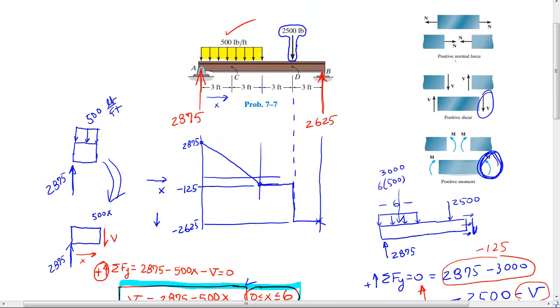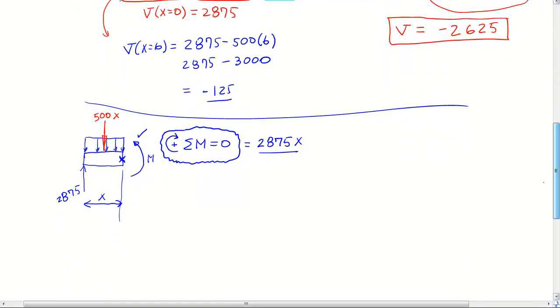Yep, 500x, located at x over 2, going in that direction, minus 500x, that's the load, the moment arm, x over 2, and the only thing I got left is this. Now you notice it's going minus M.